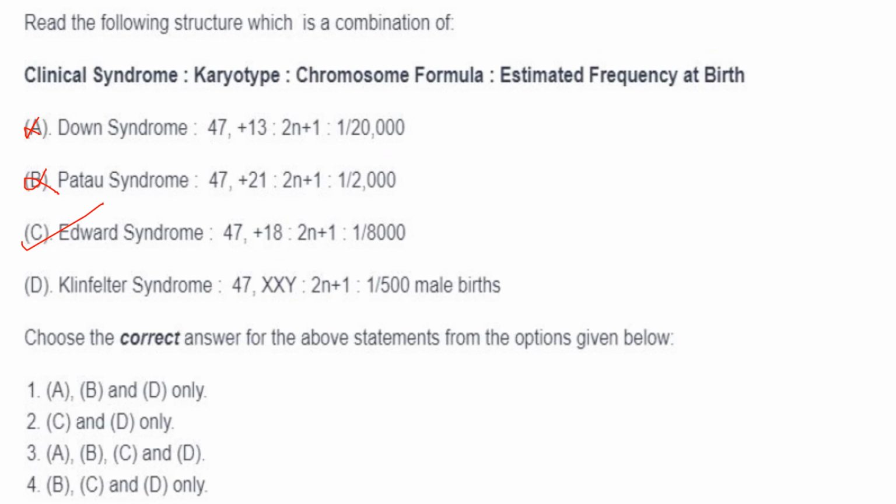Yes, that is also correct. The males will have an extra X chromosome that results in Klinefelter syndrome. 2n plus 1 is the chromosome formula, yes, and 1 by 500 male birth. That is also correct. So options C and D are correct. That makes your option as 2. 2 is the correct answer.